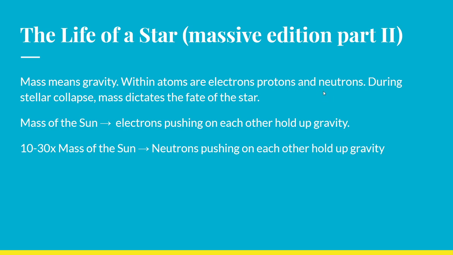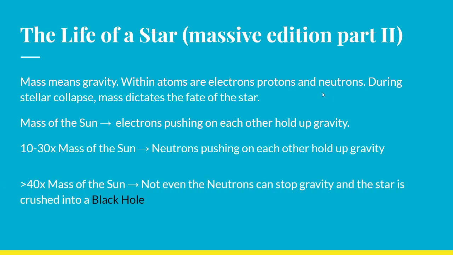But there does exist a certain amount of mass where not even the neutrons can stop gravity. 40 times the mass of the sun. If gravity compresses that, not even neutrons win that fight, and the star is crushed into a black hole.